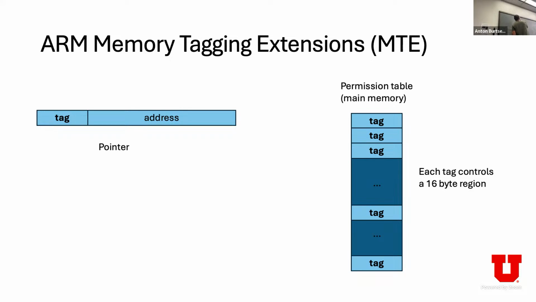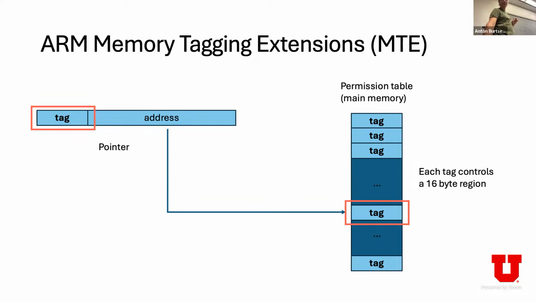And if you're using a pointer which has some tag here, and you're trying to access this memory location 55, the hardware underneath will look up this table, the hidden permission table in memory, and check whether the tag here matches the tag of the pointer. If yes, then the access is allowed. If not, then it's an exception. Agree? So essentially the address leads you to a tag table, and you compare the tags.